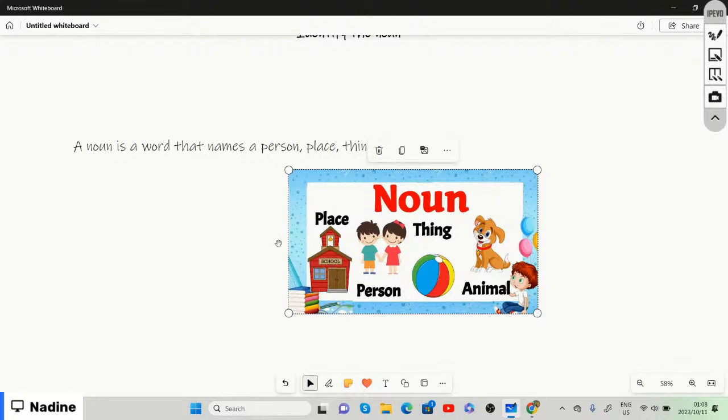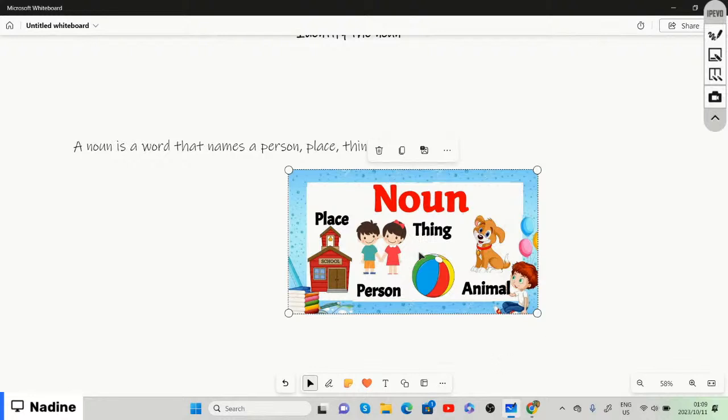Then a noun is also a word that names a person. It can name the person by name, like Anna, Claire, Sarah, John, Jack, or we can just say he, she, or they.